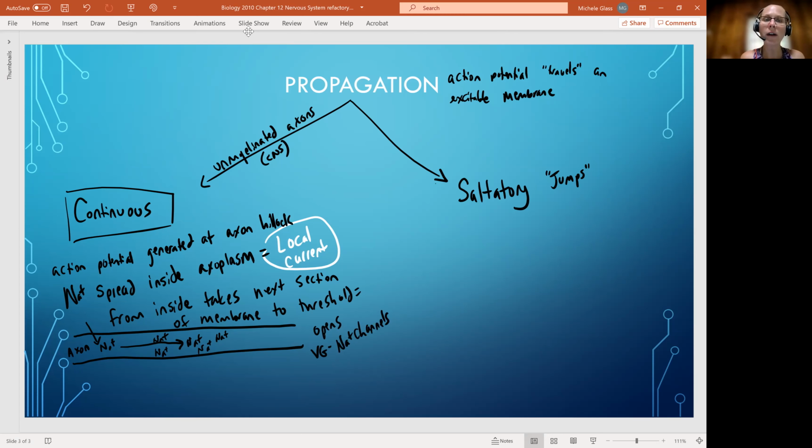Remember, the moment you have threshold, you have your action potential. So if you're taking that next section of membrane to either negative 55 millivolts or negative 60 millivolts, you're going to get your action potential, right?